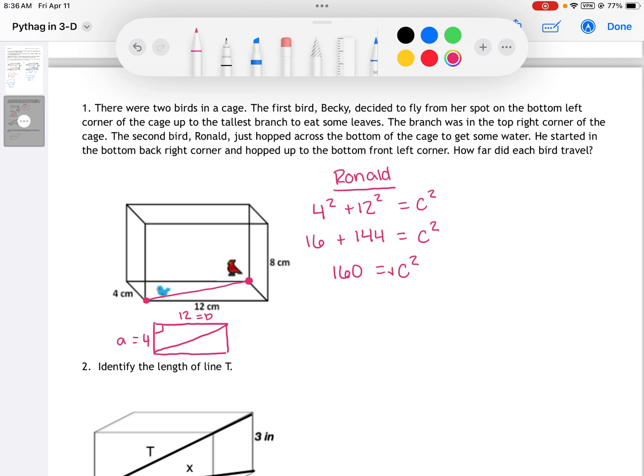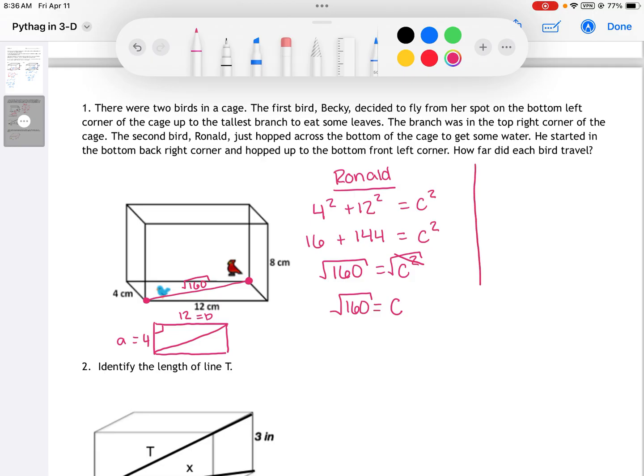Then we have to get rid of the squared by square rooting. The squares and the square roots cancel, so we're left with C equals the square root of 160. So the distance Ronald went, the distance on the bottom here, is the square root of 160.